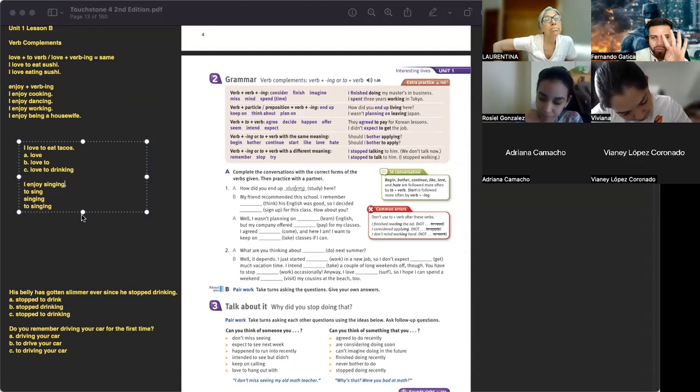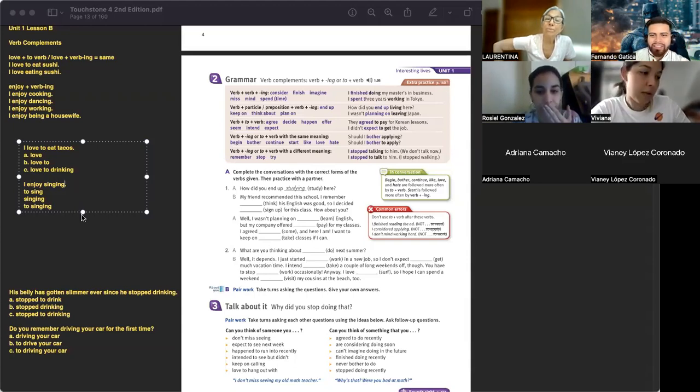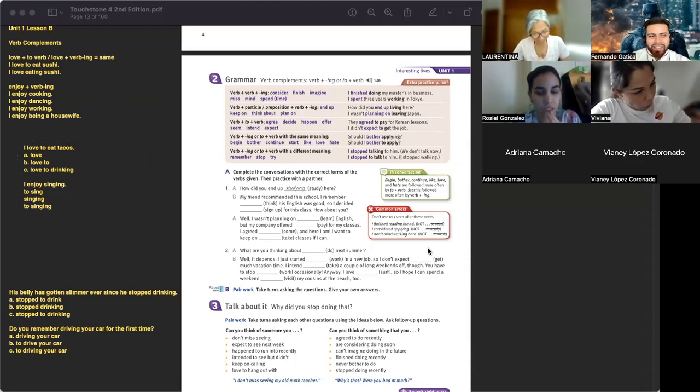If you can remember those 4 verbs, stop, remember, love, and enjoy, you'll be okay for the test. All right. Any questions with this? No.